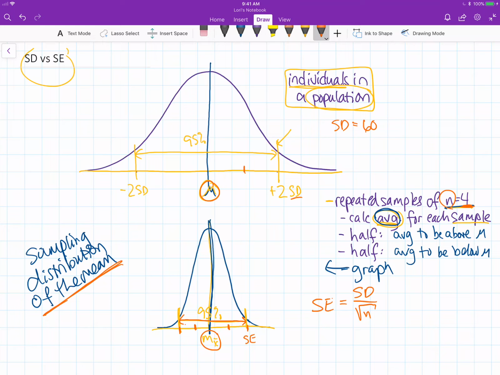So here's one standard deviation of 60. Here's two standard deviations, so that ends up being 120. The same thing happens below the mean, plus and minus 2 times 60. If we wanted to calculate the standard error, that would be equal to 60 divided by the square root of 4, which is 2. So 60 over 2 is equal to 30.